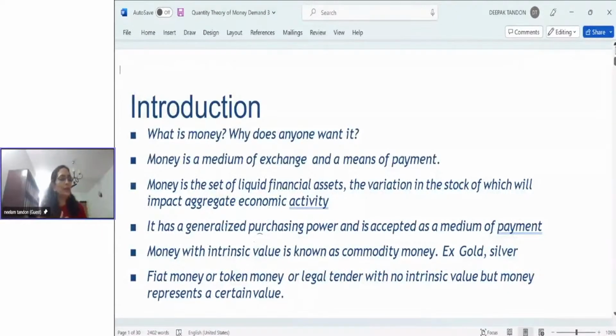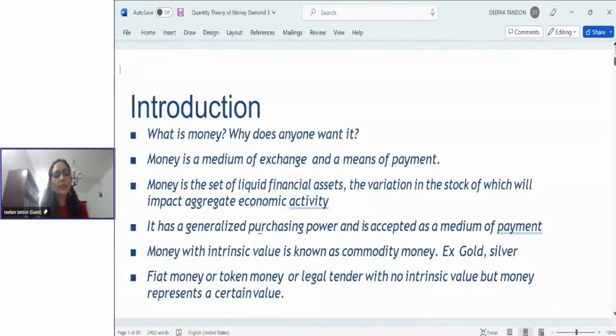Any other query you have, you can ask. So we started with the basics of money, why money, and then we switched over to money demand. We shared the relevance of money demand theories, and how money demand varies with respect to three core variables: interest rate, income, and price level.